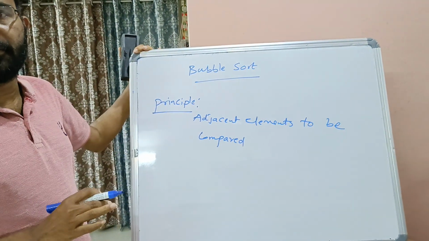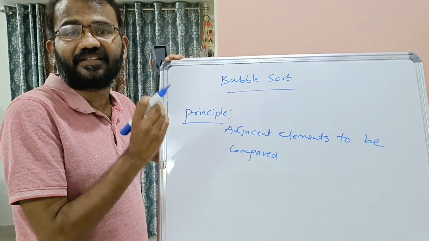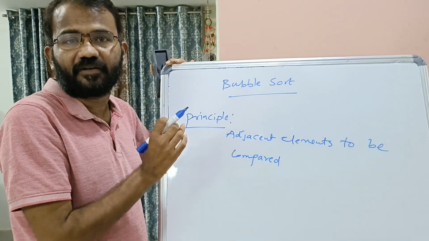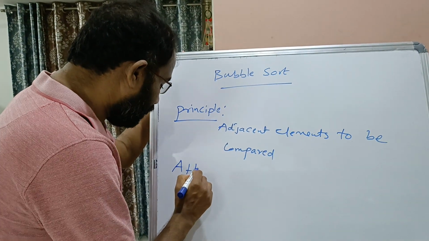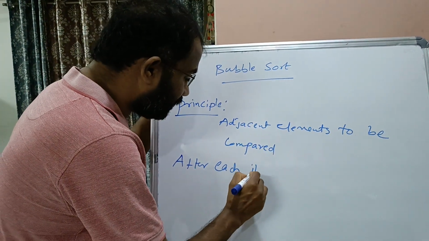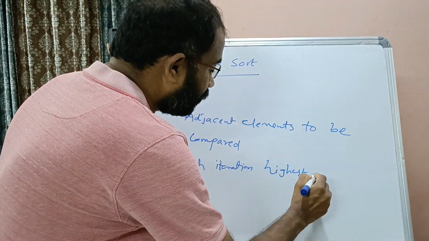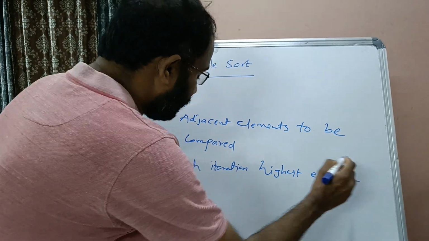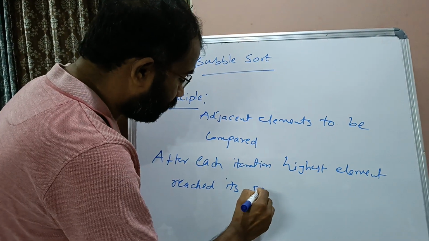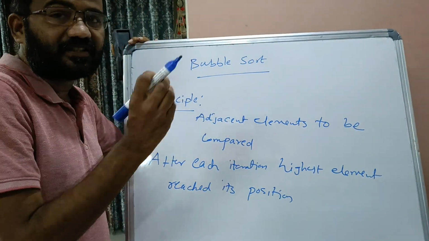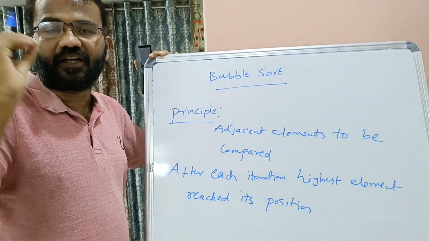And one more important point in bubble sort is that after each iteration, the highest element in the list reaches its position. After the first iteration, the first highest element reaches the last position.